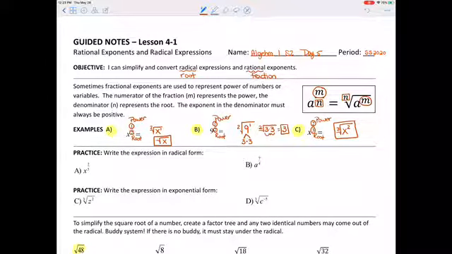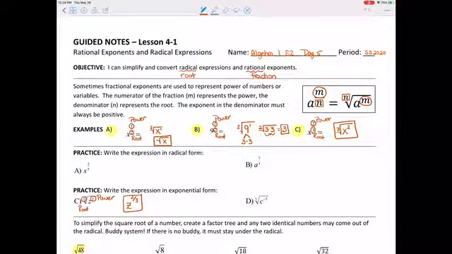So I'll go ahead and give you example C so you can kind of see what that looks like. Okay, again, the 3 is our root, the 2 is our power, and Z is the base. The power goes on top, the root goes on bottom. So this would be Z to the 2/3 power.